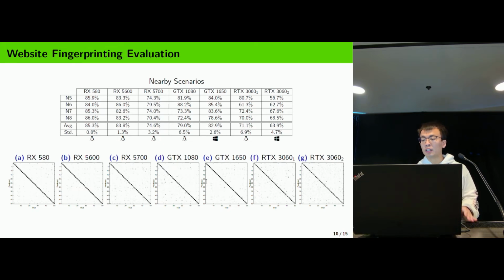As we can see from the confusion matrices and the prediction accuracy, this attack is successful on all tested GPUs. Even though for some GPUs like the RTX 3060 the accuracy is relatively low, this 63% accuracy still gives the attacker enough information most of the time.